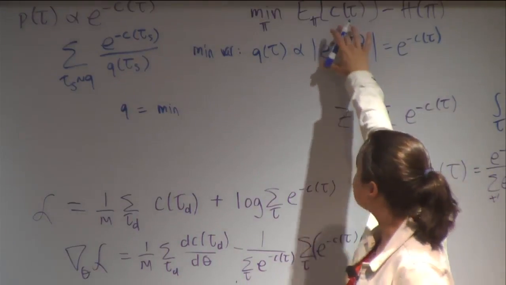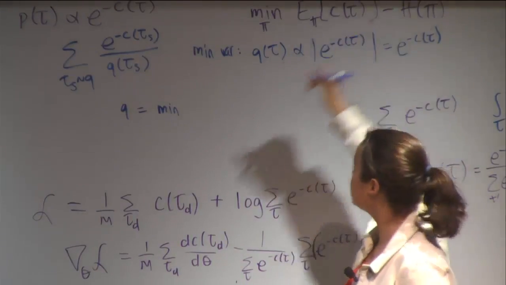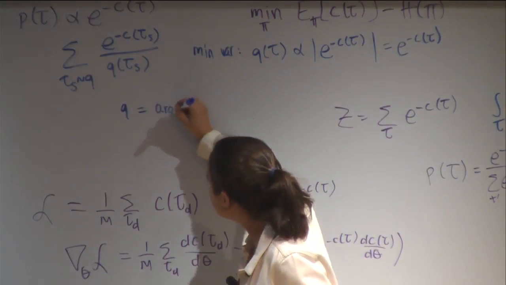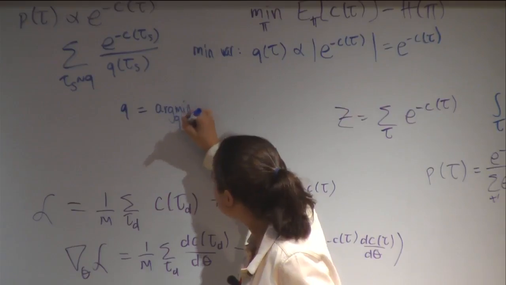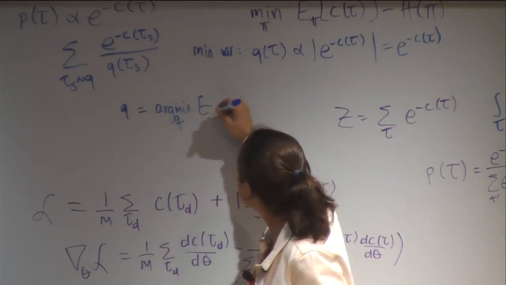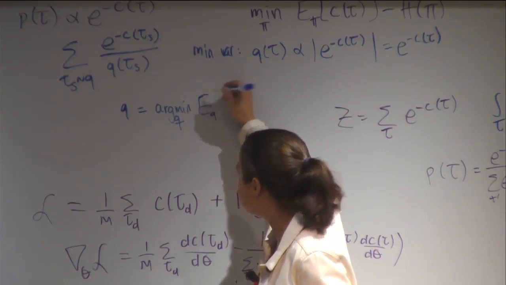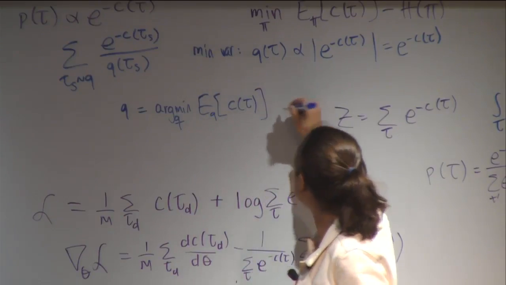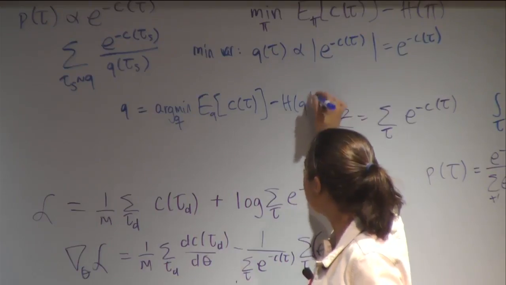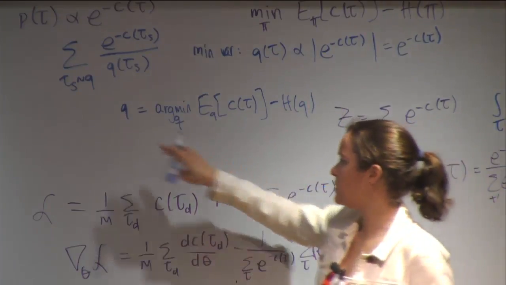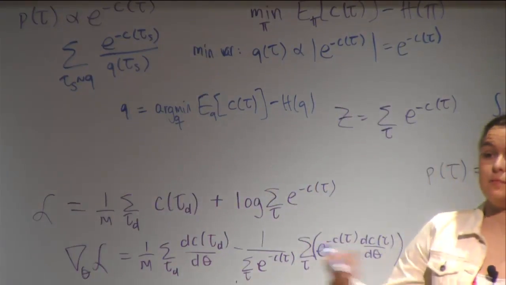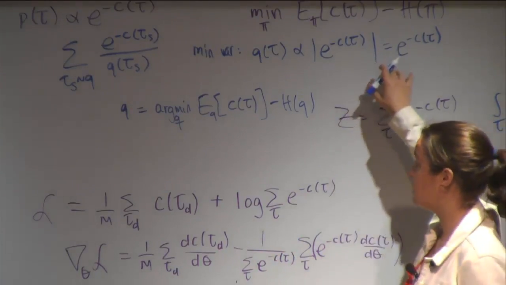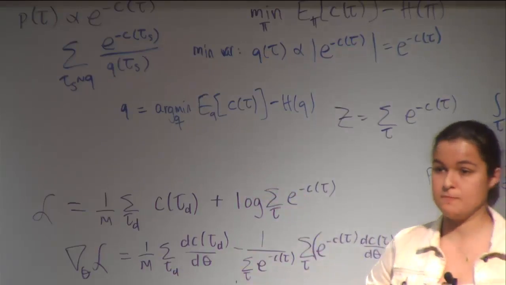So we're going to essentially just use this objective, which is an argmin with respect to q of the expectation under q of c of tau minus h of q. So this will be the way that we adaptively update q to get a better estimate of the partition function.